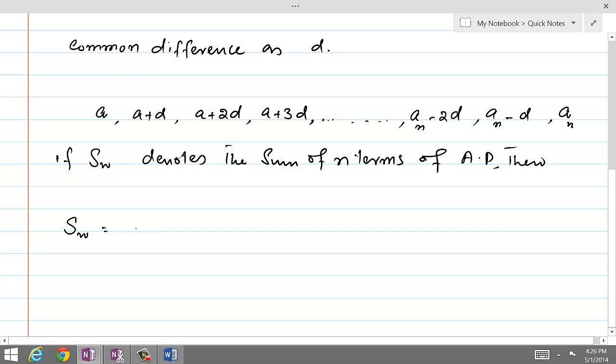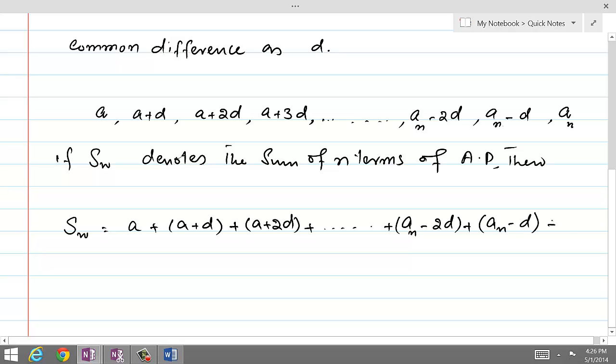Sn is equal to a plus a plus d, the next term a plus 2d, the next term a plus 3d, and so on. And the third last term would be an minus 2d, plus an minus d, and the last term would be an. So we can write this as the sum of all the n terms of the sequence.